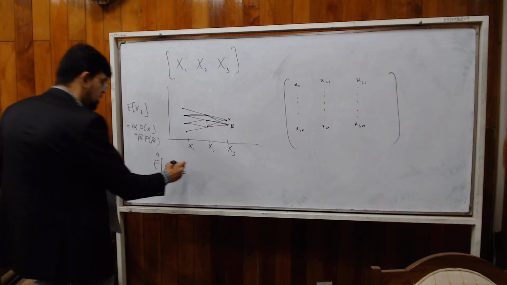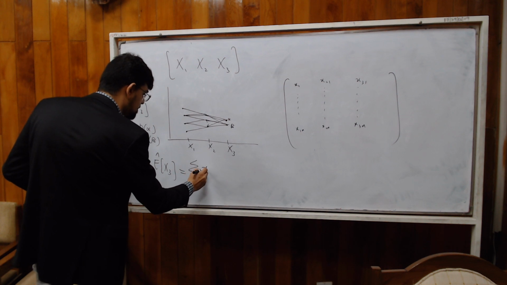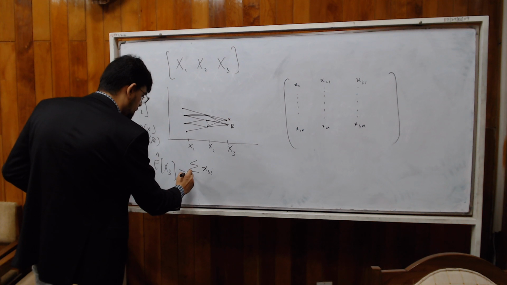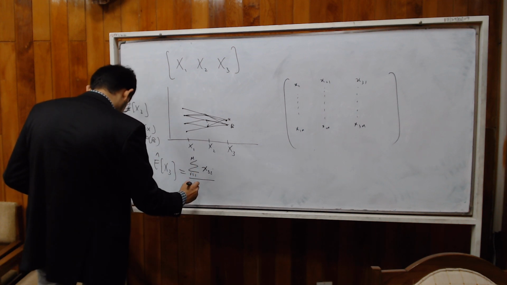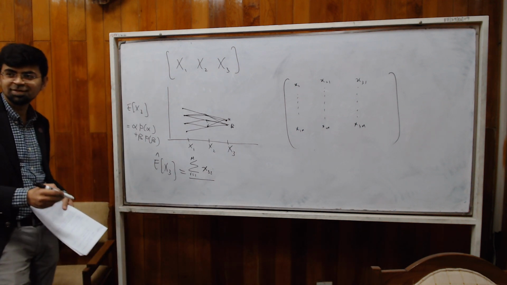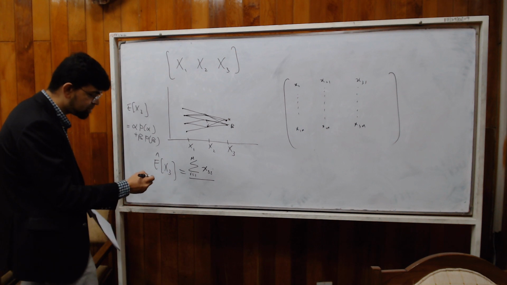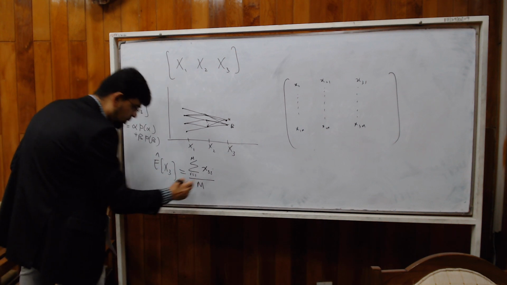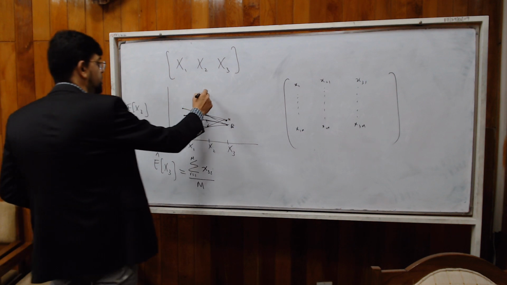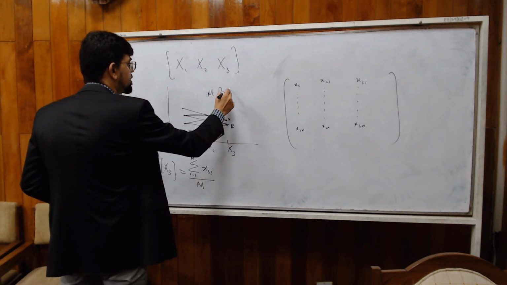Yeah, so summation of x3, i is 1 to m, divided by m. Yes, that is the m-th value, capital M. So there are m values, m realizations. Yeah, we observed m realizations.